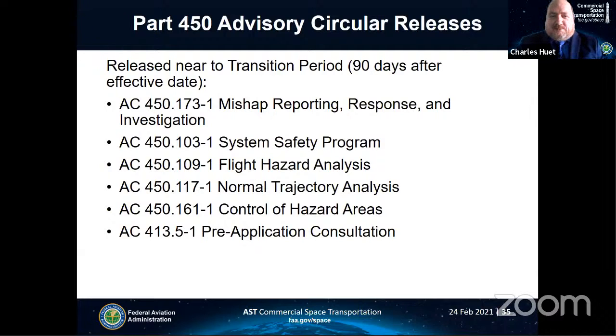Those will be the mishap reporting, response and investigation AC, the system safety program AC, flight hazard analysis AC, normal trajectory analysis, control of hazard areas, and pre-application consultation AC. Next slide.